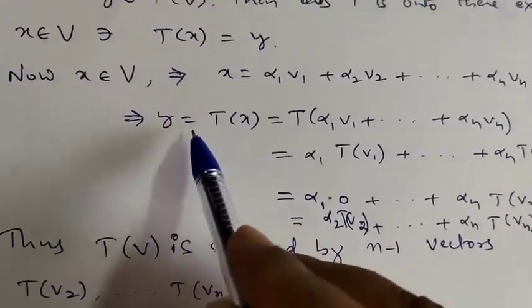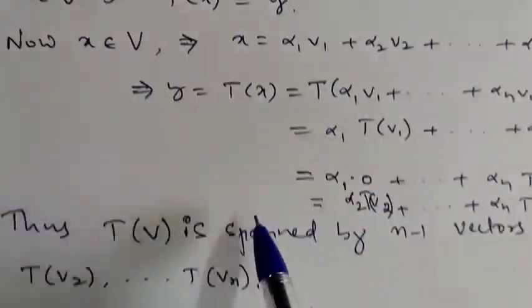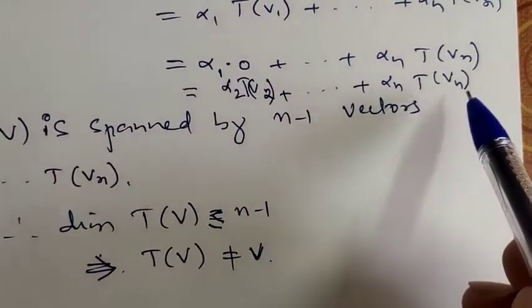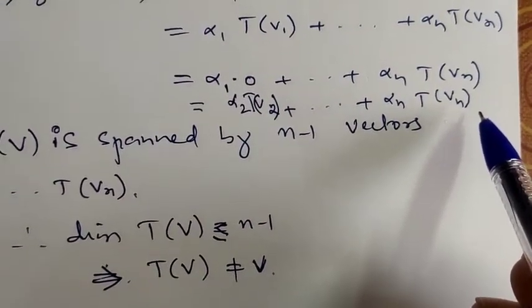Thus Y, an element of T of V, is expressed as a linear combination of how many elements? n minus 1 elements.